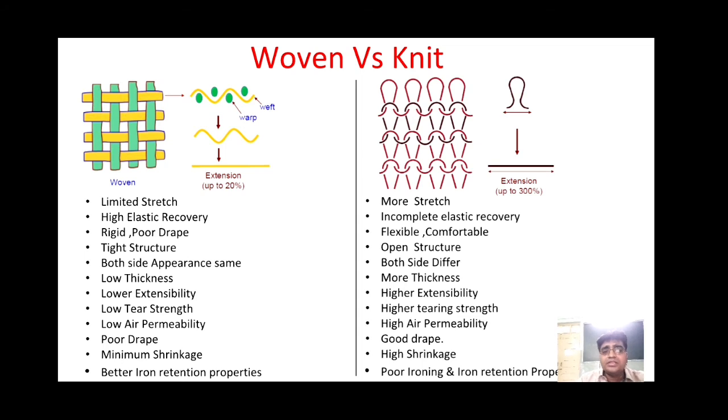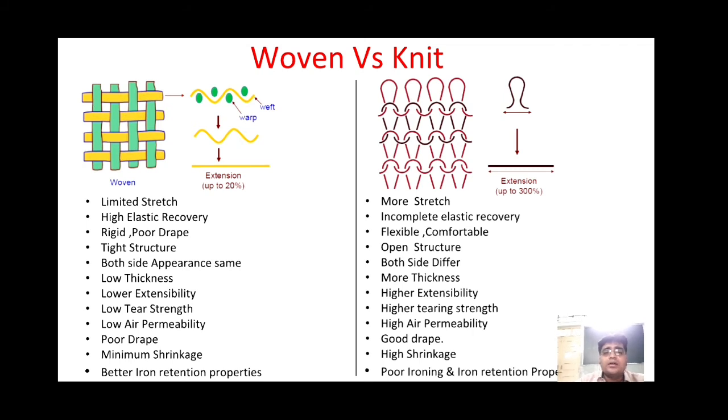Now another differentiating point is with respect to thickness. In the case of woven fabric, the thickness is very low, whereas the thickness of knitted fabric is very high. Now why is the thickness very low? The reason is that one warp and one weft interlace with each other, so there are only two joining points.